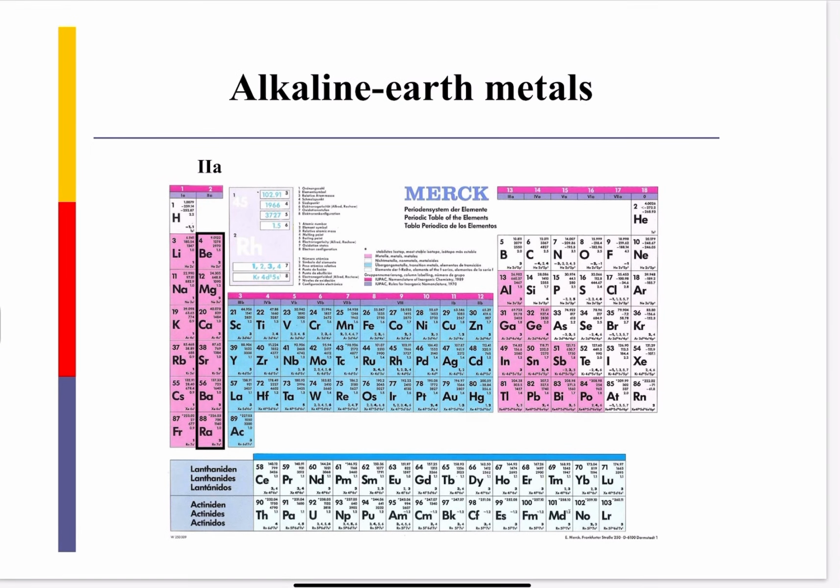The second group is the alkaline-earth metals, okay? They are very important. Why earth? Because we can find them in the earth in high amounts, and also they are in the alkaline group, they can make alkaline. They are good bases. The electron configuration of the last valence shell is ns2.